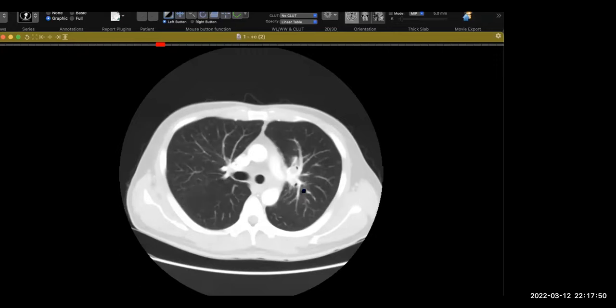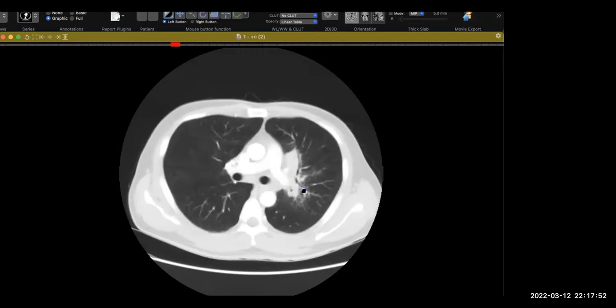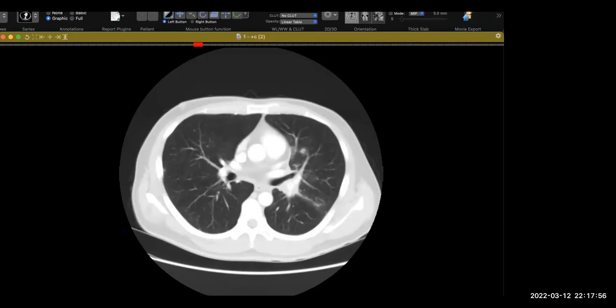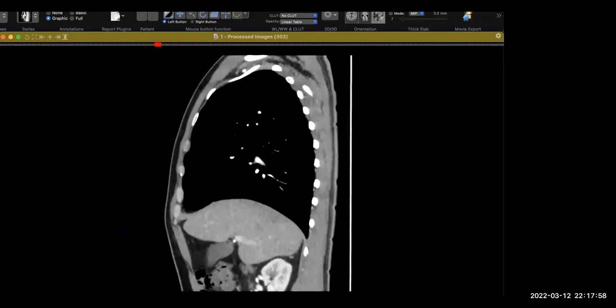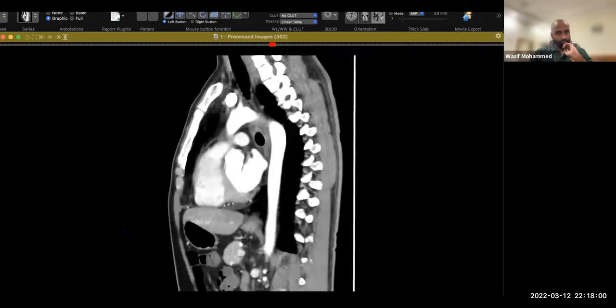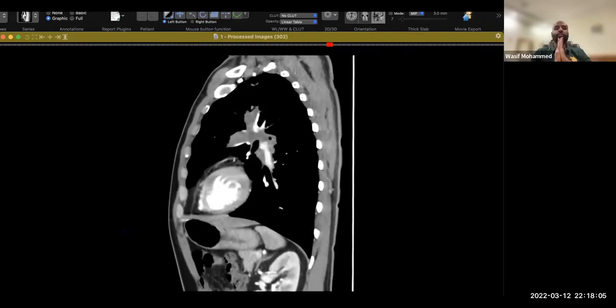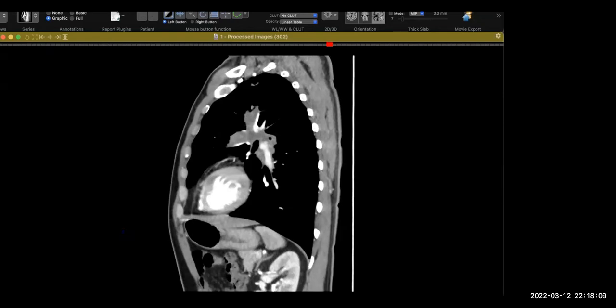Okay. So what does that tell you about the patient? That tells me that the patient is immunocompromised. Should I scroll through these images? Well, no, that's fine. Just look at this mass and tell me if anything comes to your mind. So this is an immunocompromised patient.